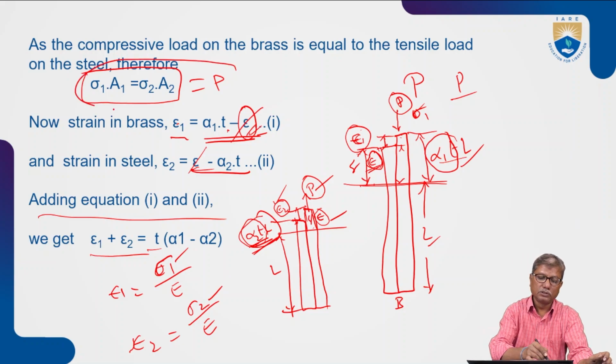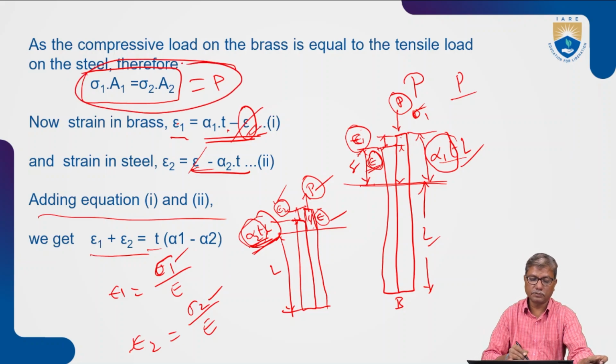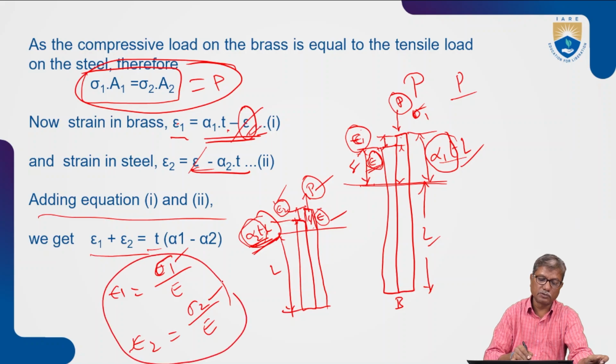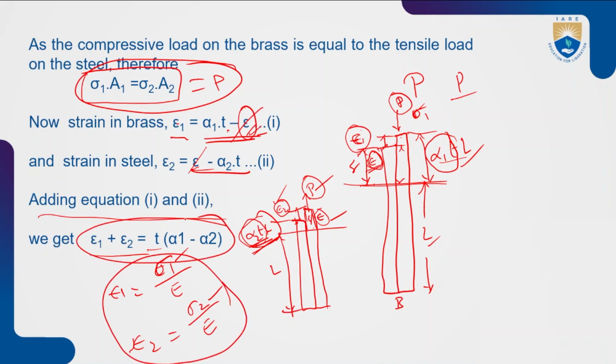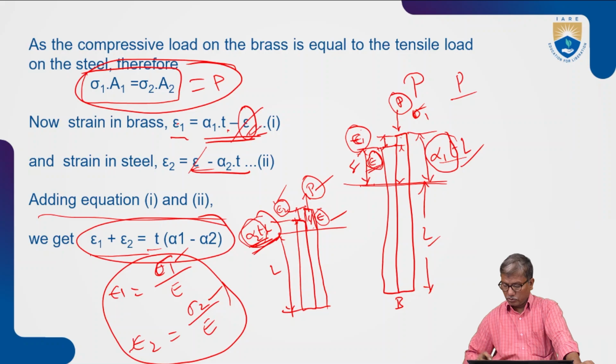Because we know one relation between sigma 1 and sigma 2, the second relation between sigma 1 and sigma 2 is obtained here. So, we can solve for sigma 1 and sigma 2.